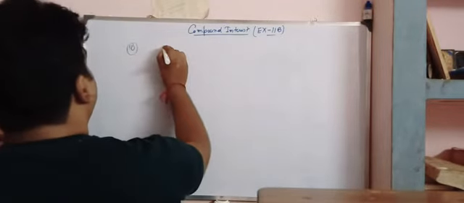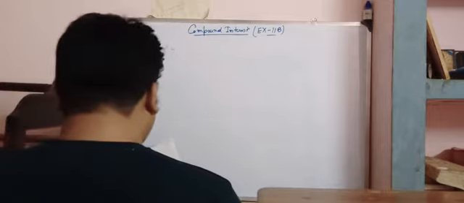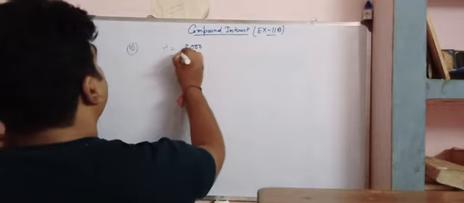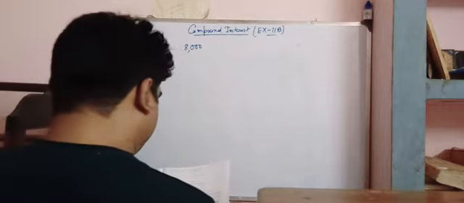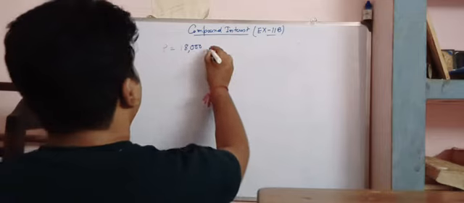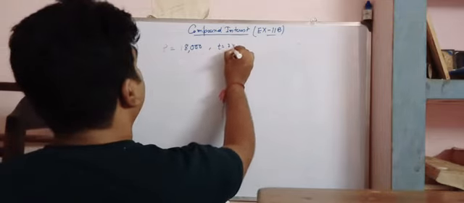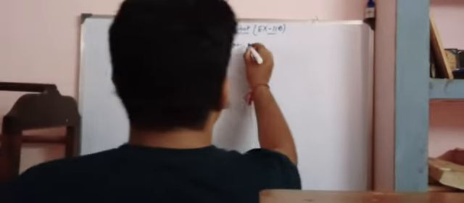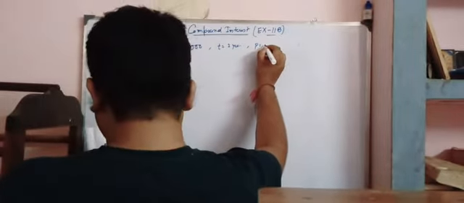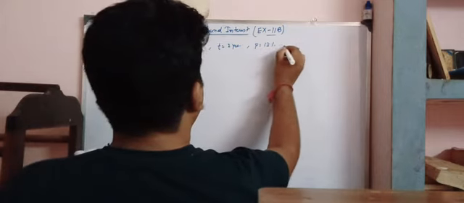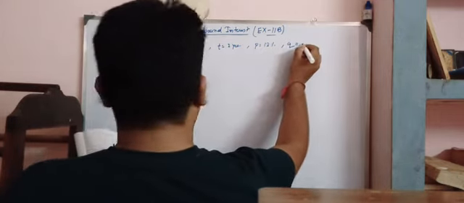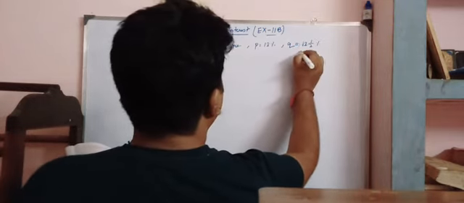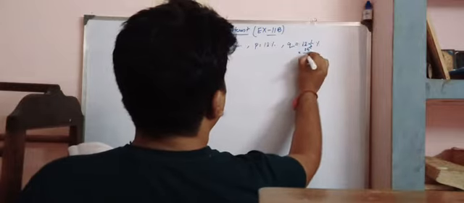So here capital P, that is my principal, is equal to 18,000. Time is obviously 2 years, and the rate is different here. For the first year, small p is equal to 12% per annum, and small q is equal to 12.5%, that means 25 by 2%.